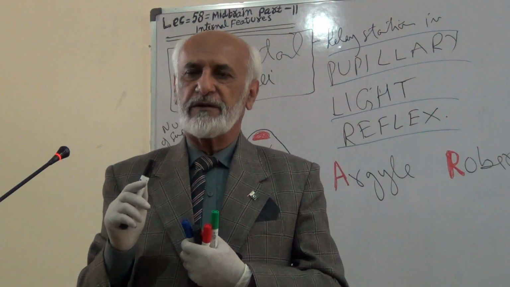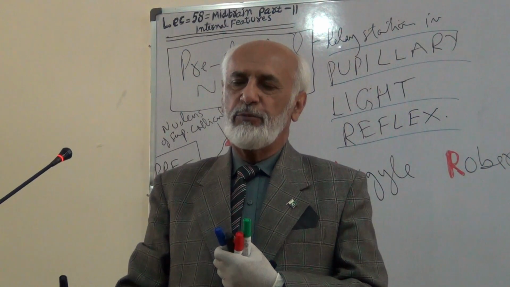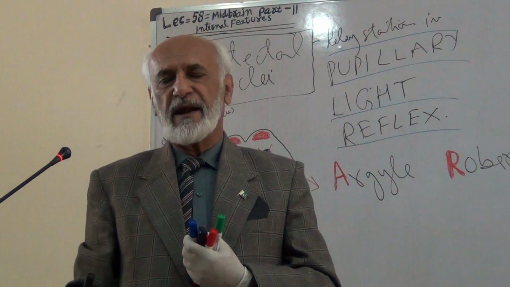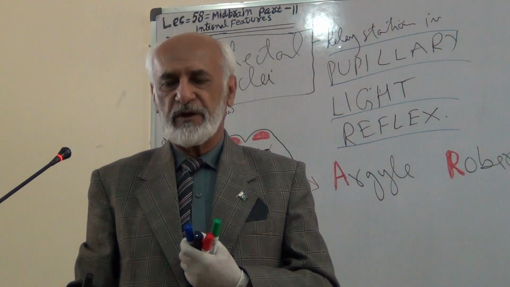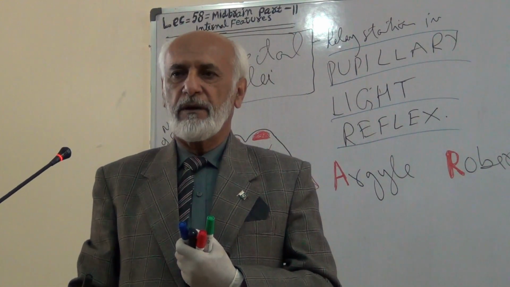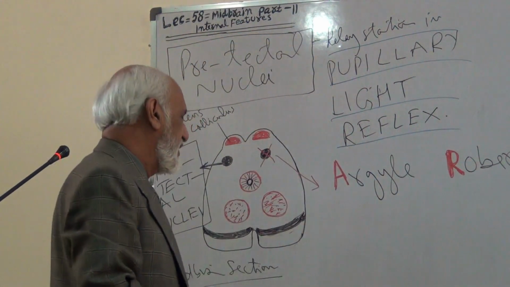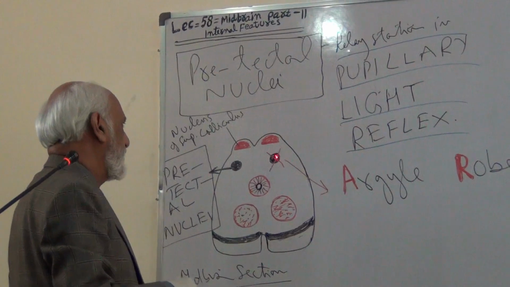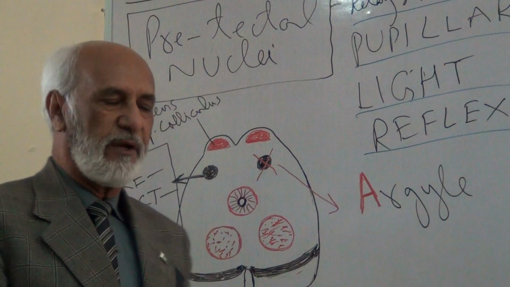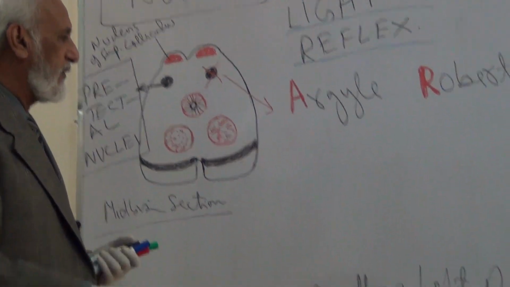Again the pupil constricts. So in pupillary light reflex the pupil constricts, and in accommodation reflex also the pupil constricts. But when there is a lesion in the pretectal nuclei or nerve fibers passing through the medial root of the optic tract, the pupillary light reflex will be absent.